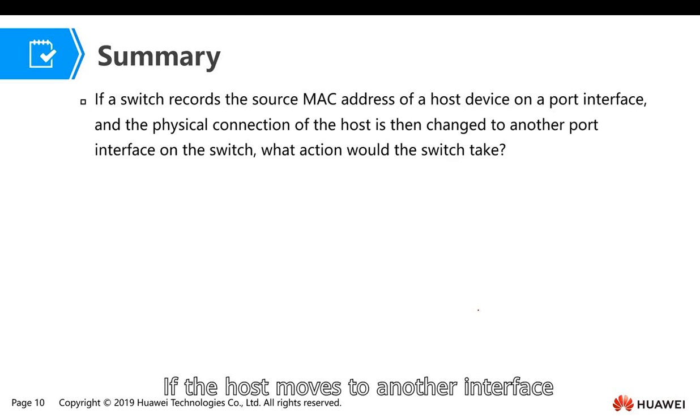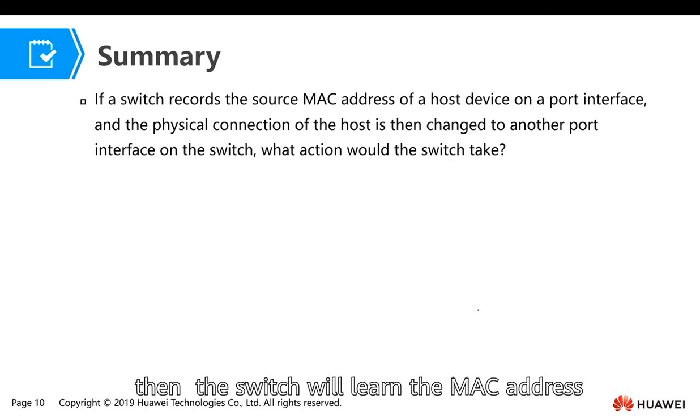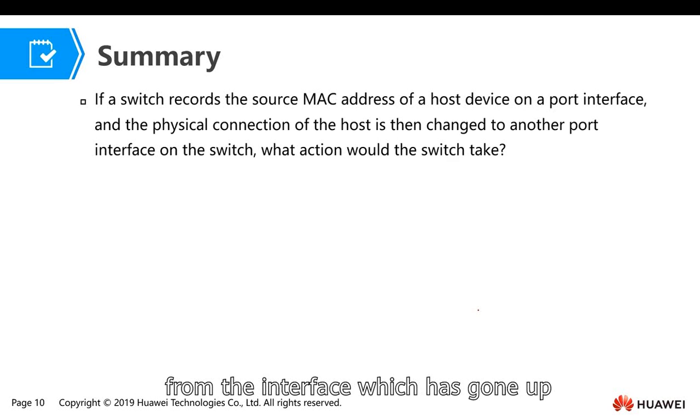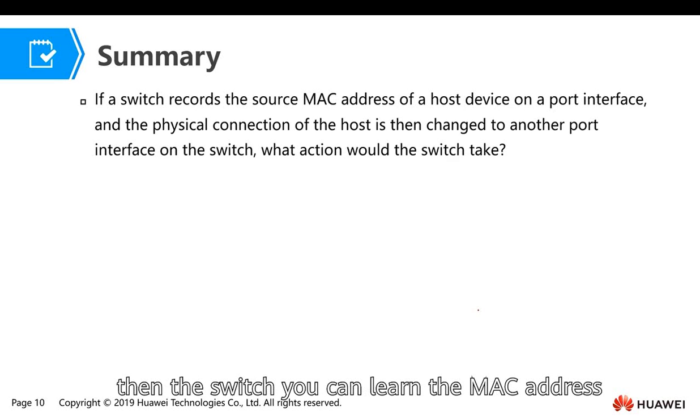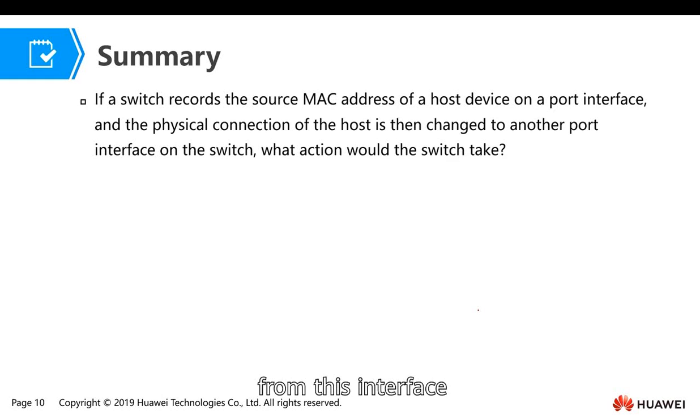And then, if the host moves to another interface, the switch will learn the MAC address from that interface. Of course, only when the host sends out the first frame can the switch learn the source MAC address from this interface.